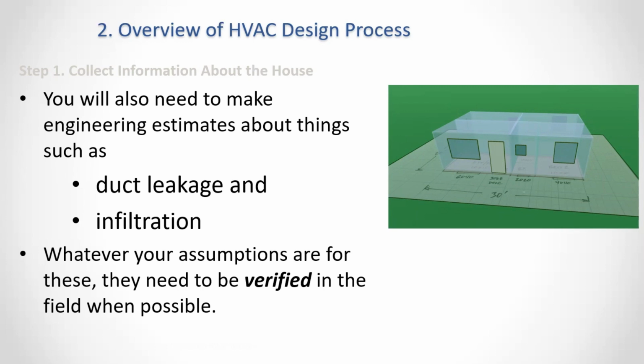But infiltration on the house, my philosophy on that, whether you agree or not, is we should not be sizing equipment to leaky homes. We should not be enabling bad construction practice by sizing equipment to a house that really needs to be sealed up.